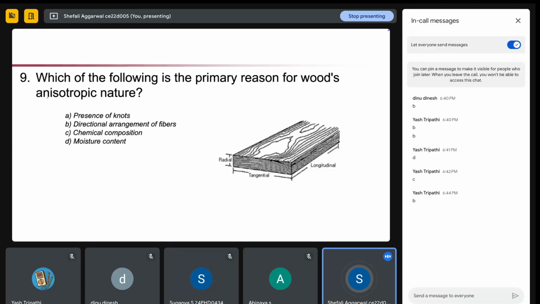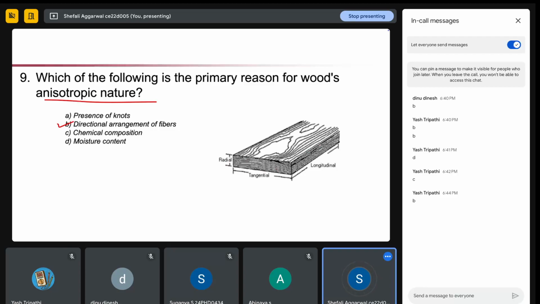Firstly, what is anisotropic nature? It means it has different properties in different directions. From that you can tell why it is anisotropic, because the directional arrangement of fiber is different. So in different directions you will have different types of properties of wood.